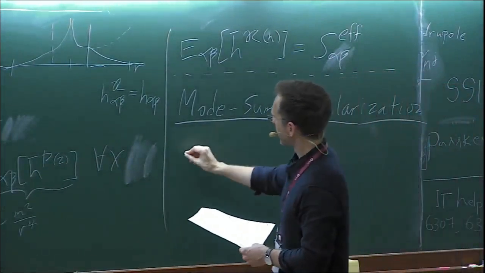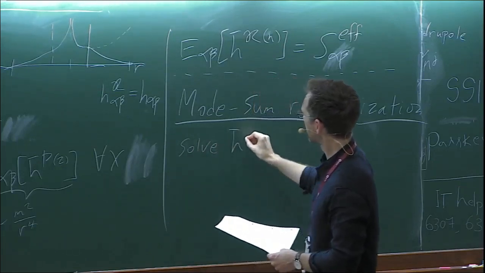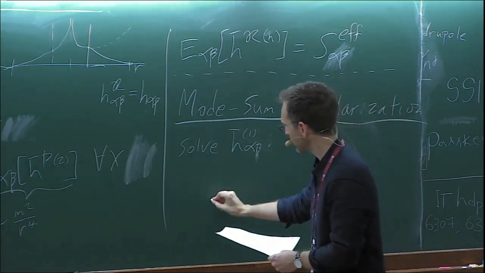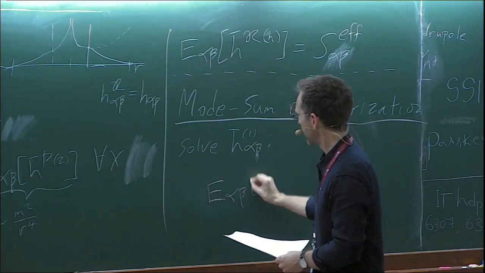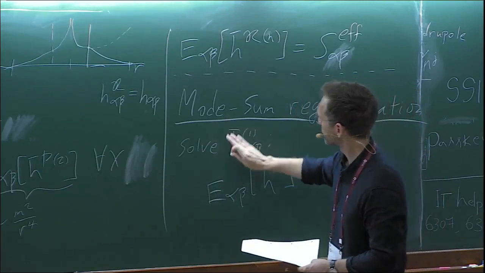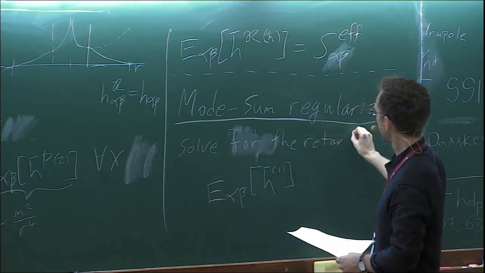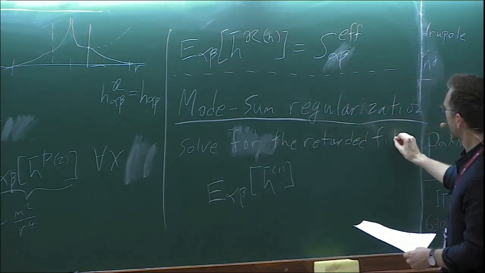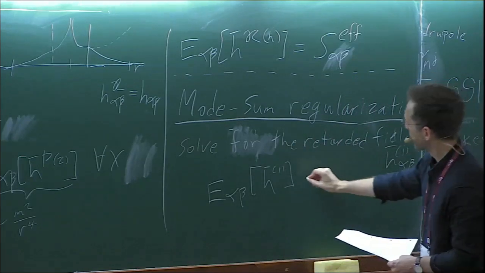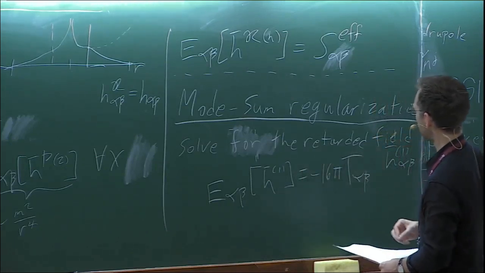So here we can solve for the full field H1 using the point particle equation. Solve for the retarded field H bar 1. Over here you have a point particle source.